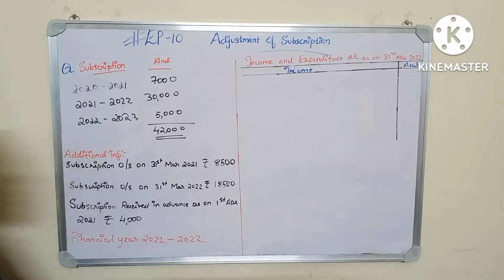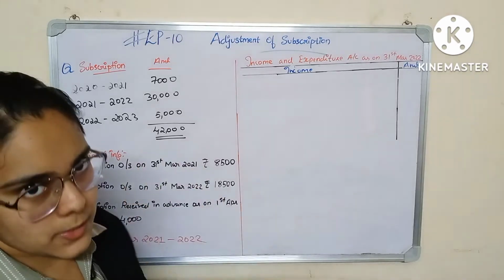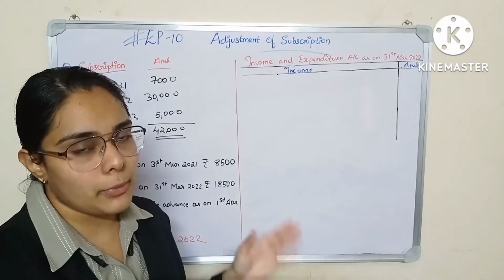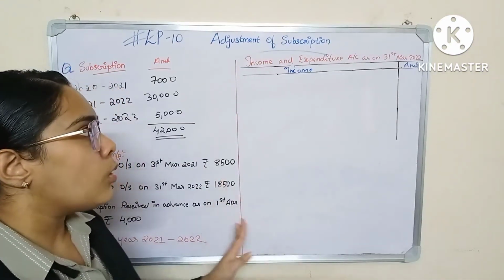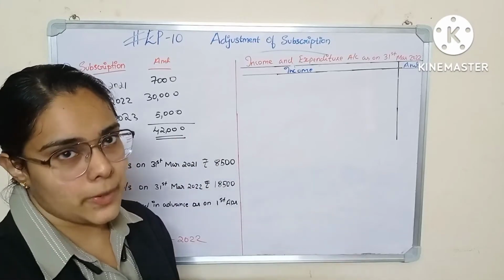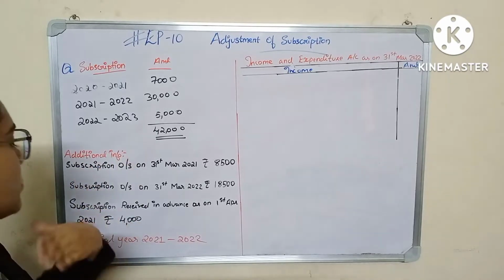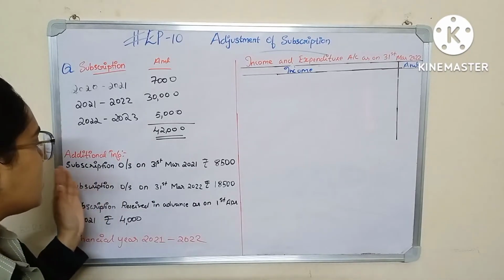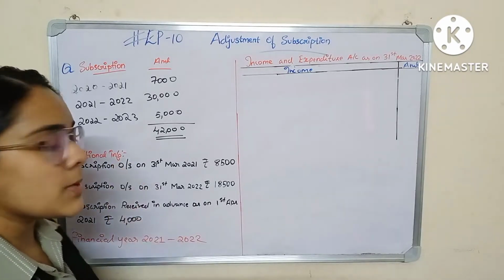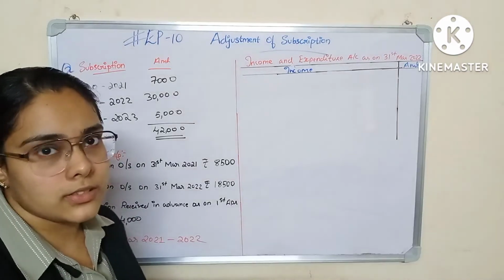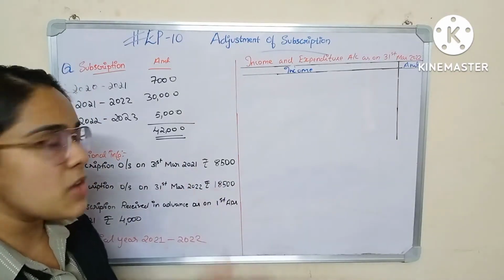Alright, so this is the question, and the financial year is 2021-2022. We are asked to prepare the income and expenditure account, and you have to show the same in the balance sheet also. First we will do the income and expenditure account. Unlike the previous question, the number of members and their subscription per head is not given, so this pattern is different from the previous one.